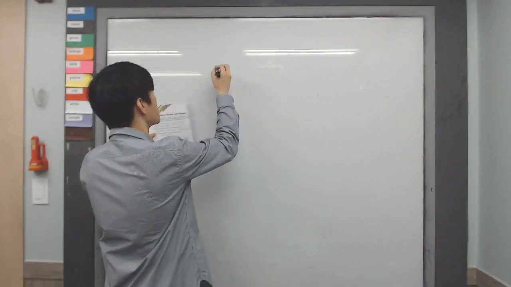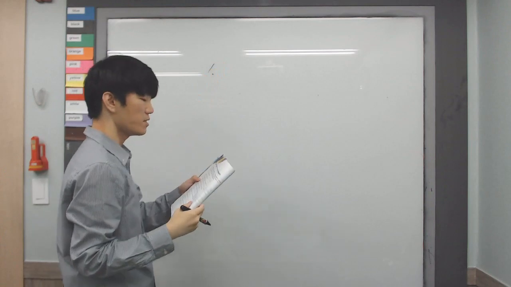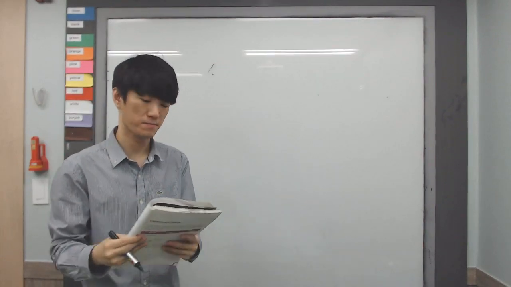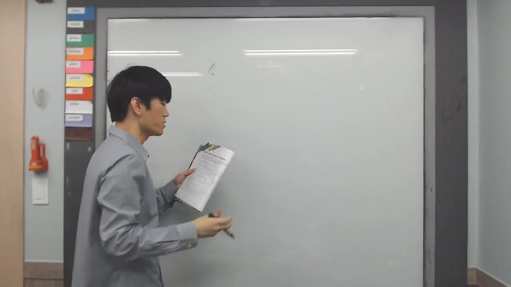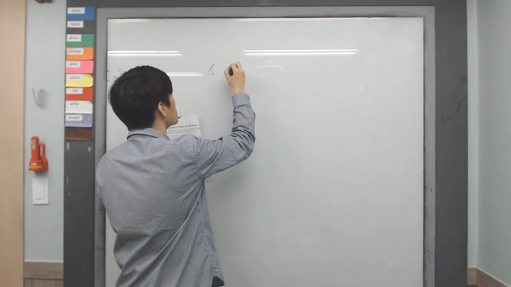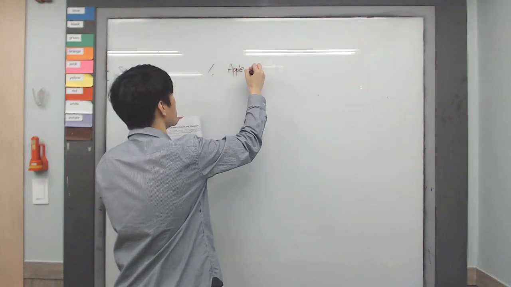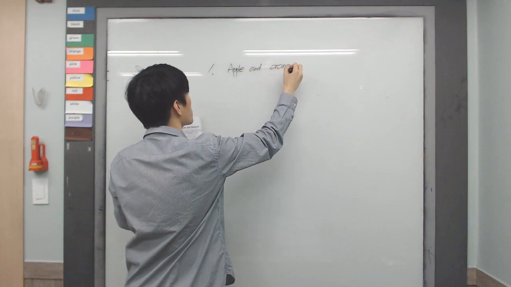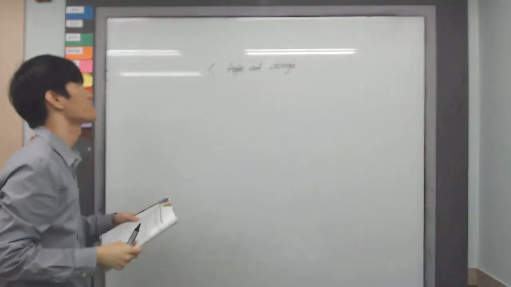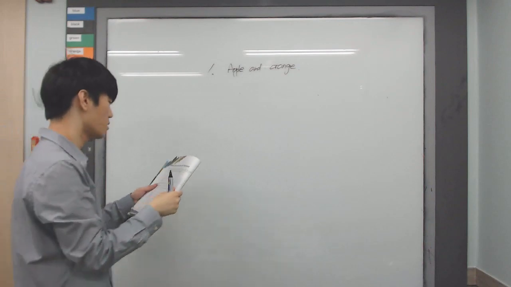So number one, what is the author writing about? Guys, what is the topic today? The difference. You don't have to write difference, just apple and orange. Apple and orange.